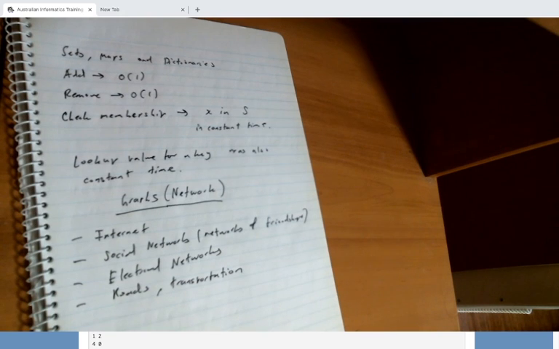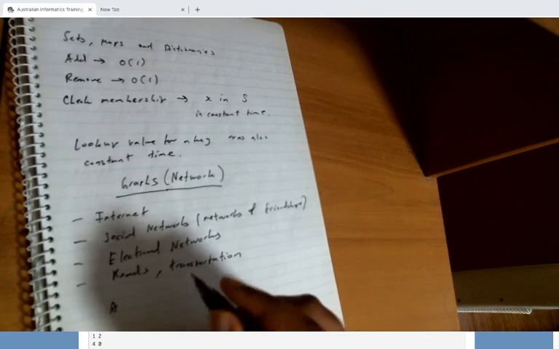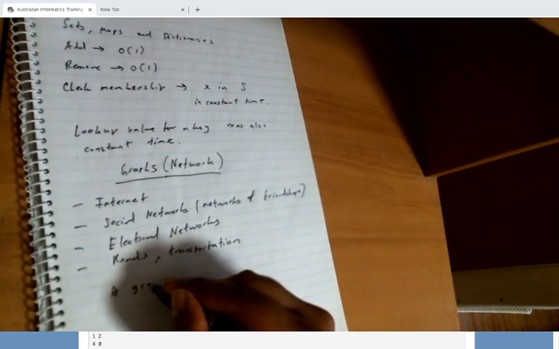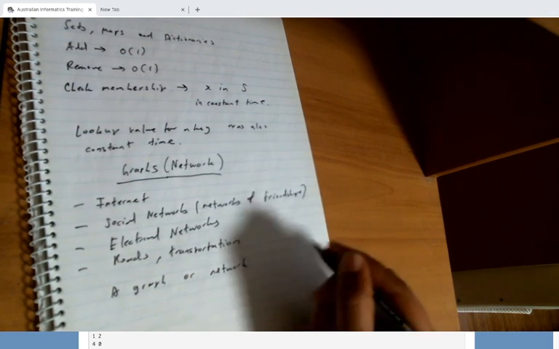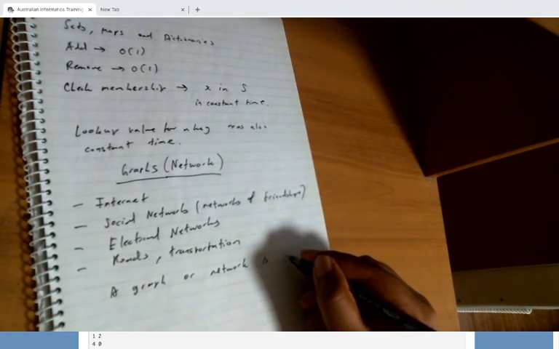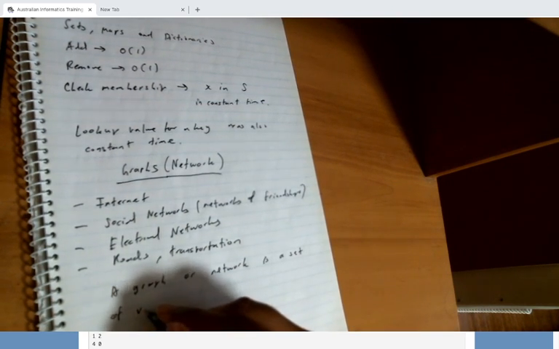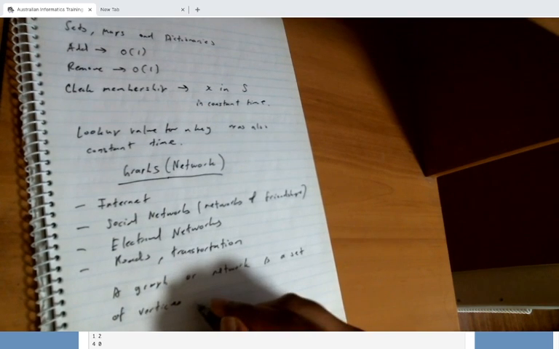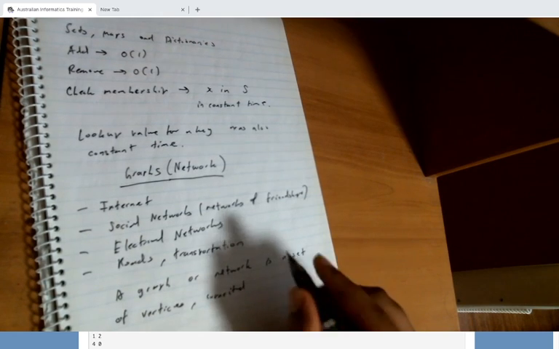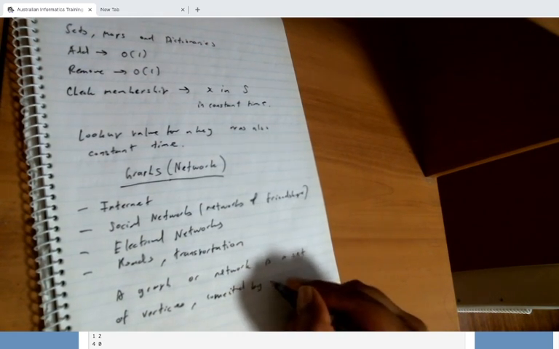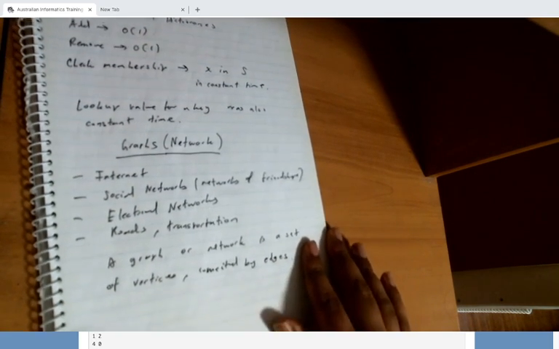In a very abstract sense, a graph or network is a set of vertices connected by edges. So what do I mean by vertices and edges? Here's an example.